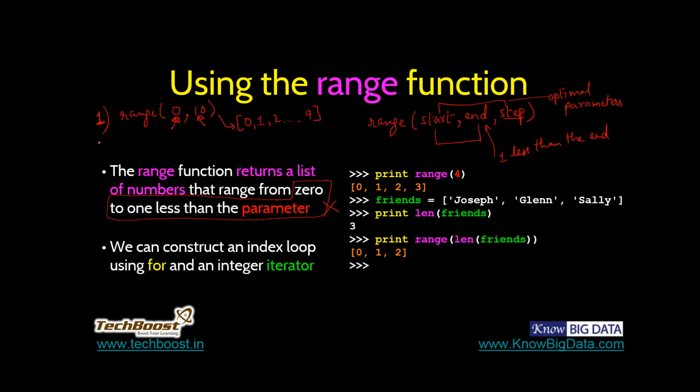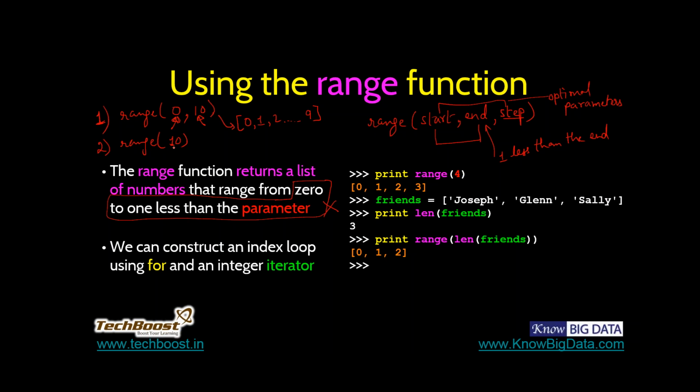Now let's see the second usage. The second usage is range of just 10. What happens in this case is, as I said, the start parameter is optional.